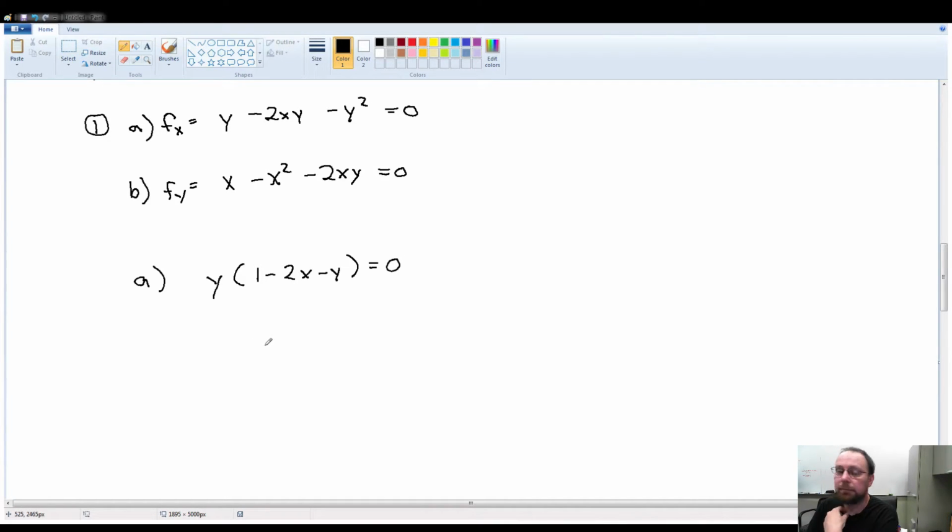So what can we glean from this equation? Well, this product is 0 as soon as one of the factors is 0, so this means that either we have the case where y is 0, or we'll have the case where the other factor, which is a little bit more complicated but not by too much, is 0.